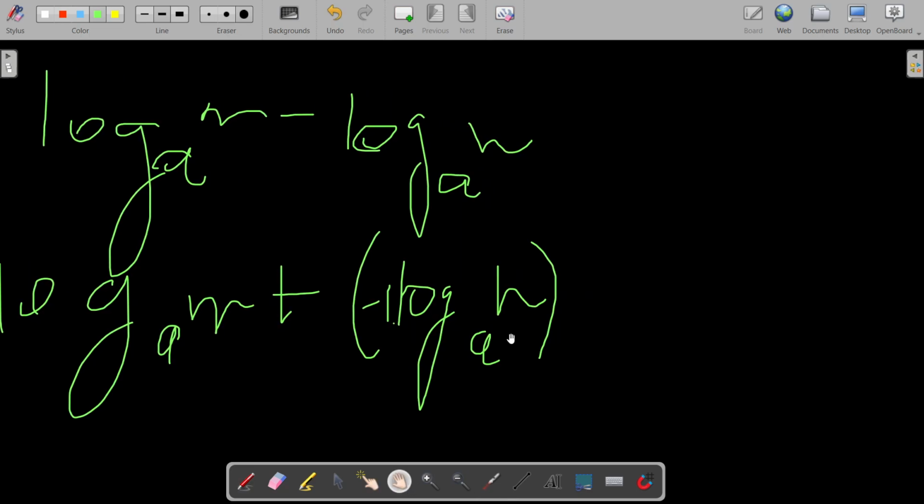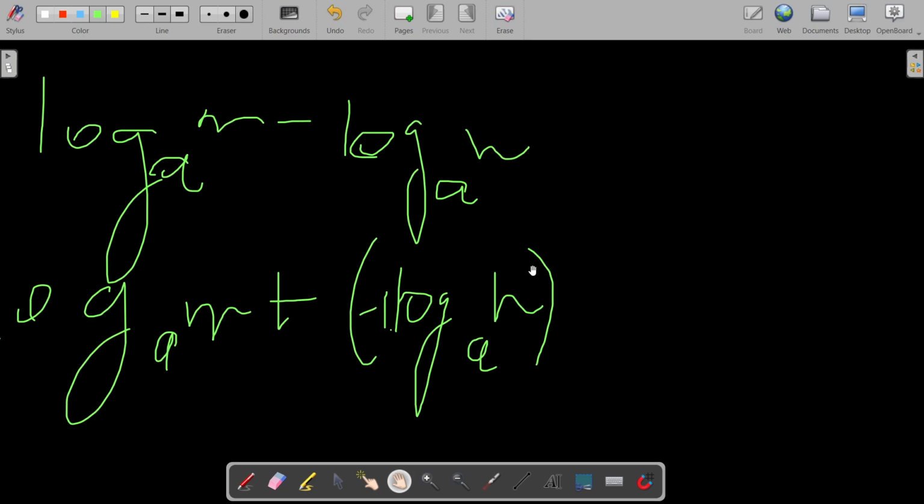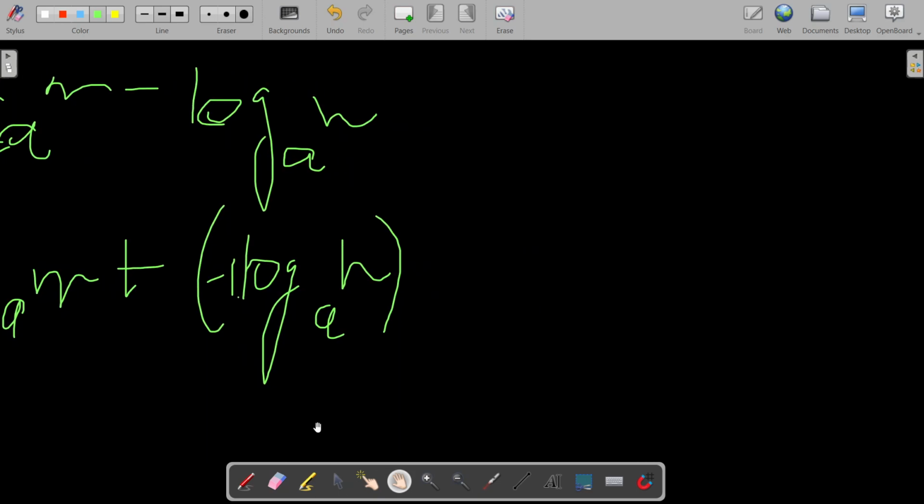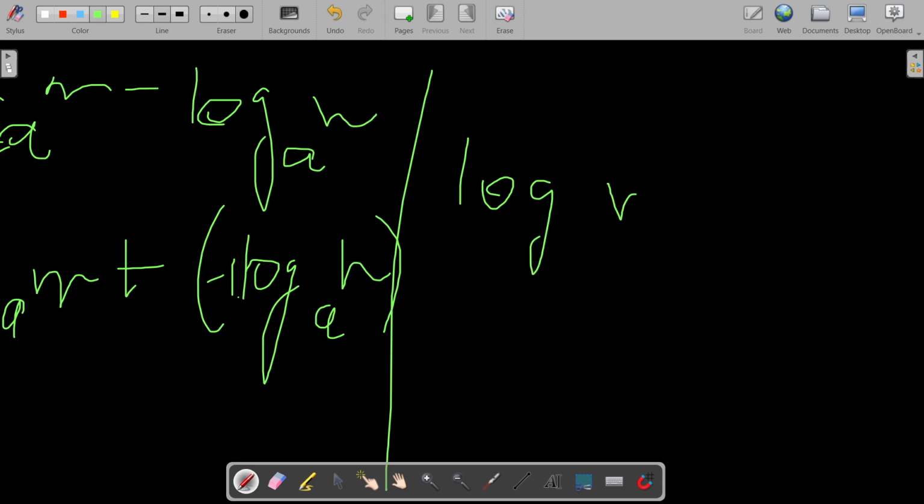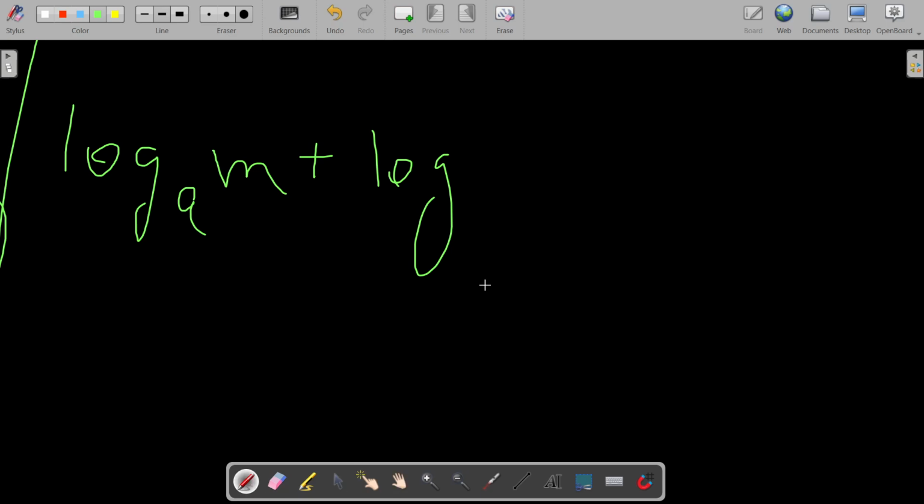I have told you that this number can go to this power. So let's do that in the next step. So I'm writing log m base a plus log of n to the minus 1 power, okay, n power minus 1 base a.